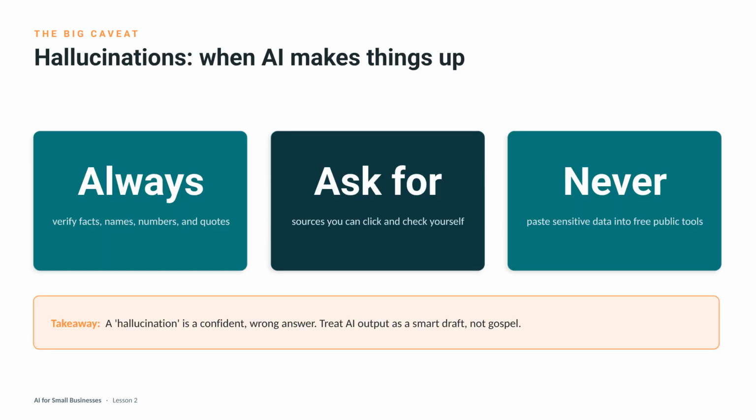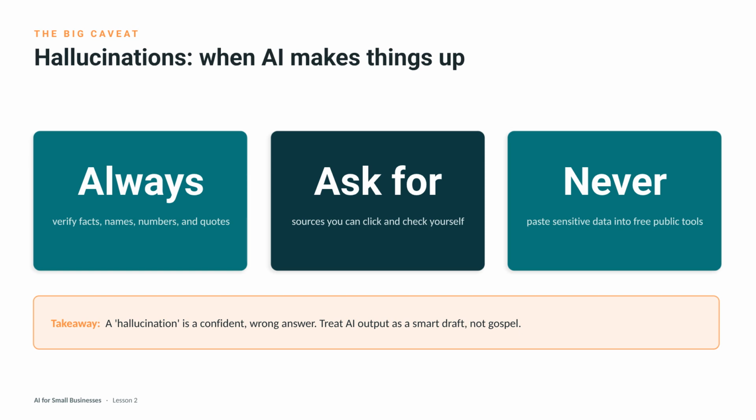There's a term you'll hear a lot, and it's worth knowing: hallucination. That's when AI states something false but sounds completely confident doing it. It might invent a statistic, make up a fake source, or get a detail wrong. It isn't lying on purpose. Remember, it's predicting plausible words, not checking a database. So three habits will protect you.